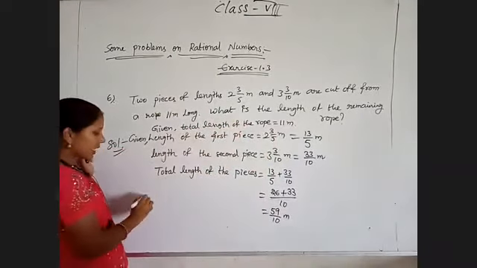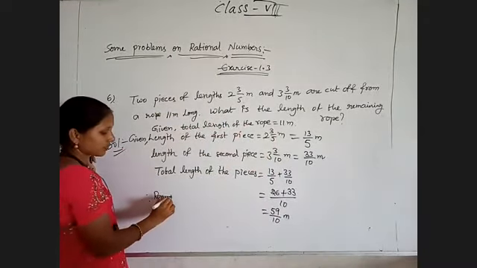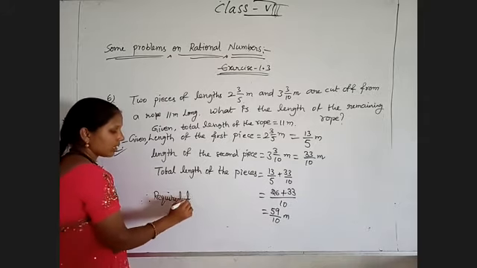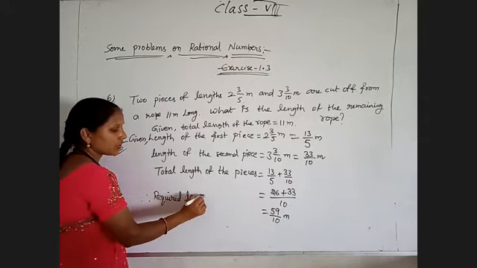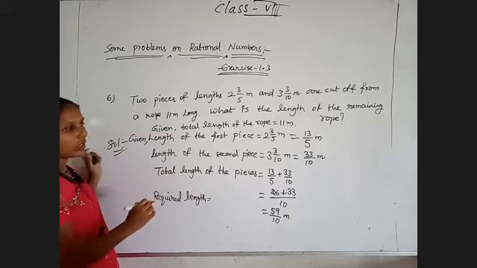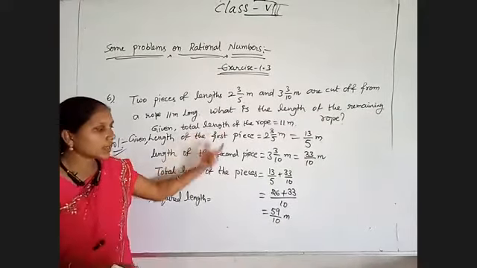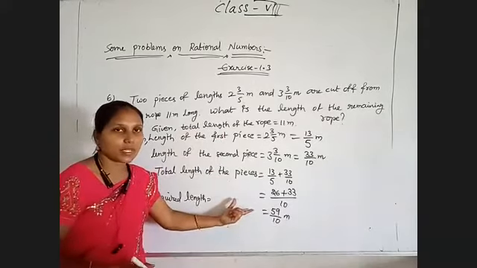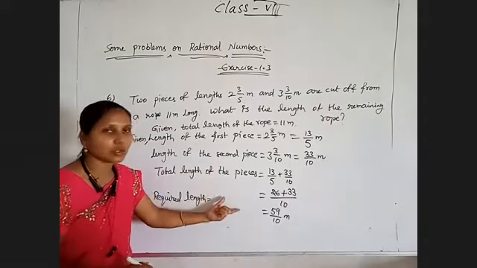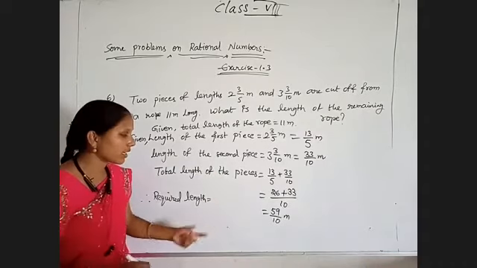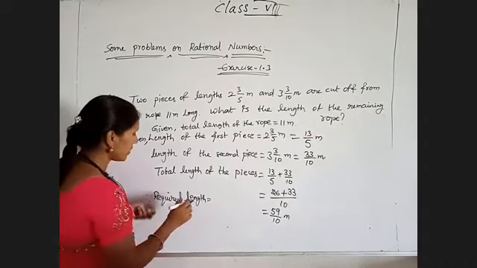So therefore required length is equal to, as I showed before, total length minus length of the two pieces. If we do that, we will get the length of the remaining rope.